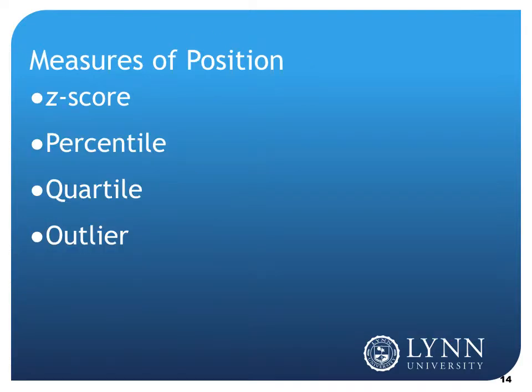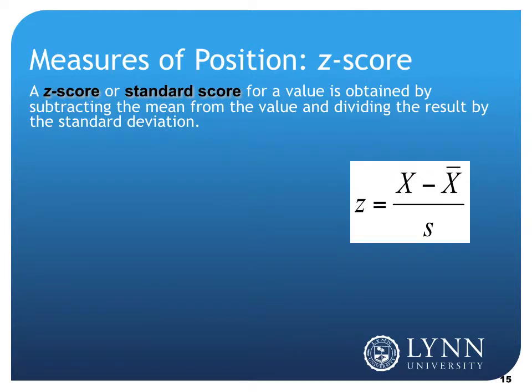Now we're going to talk about measures of position. You're talking about z-scores, percentiles, quartiles, and outliers, our friend that we looked at before. A z-score, or a standard score for a value, is obtained by subtracting the mean from the value and dividing the result by the standard deviation.